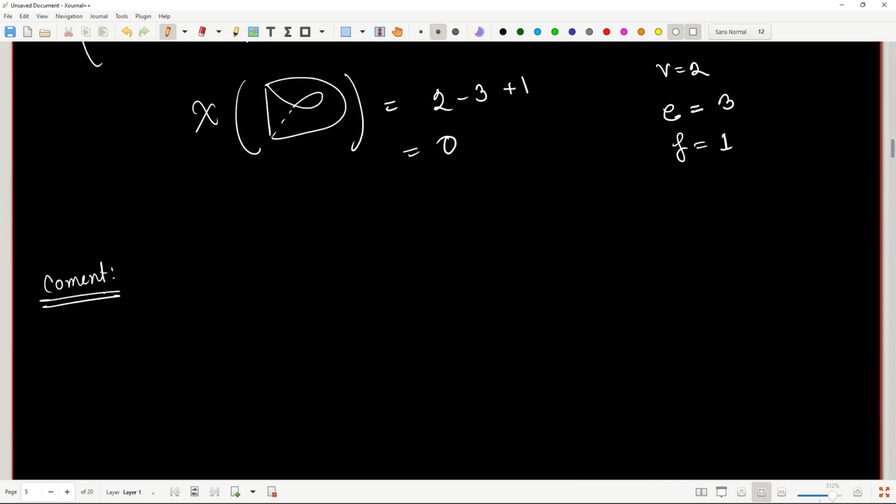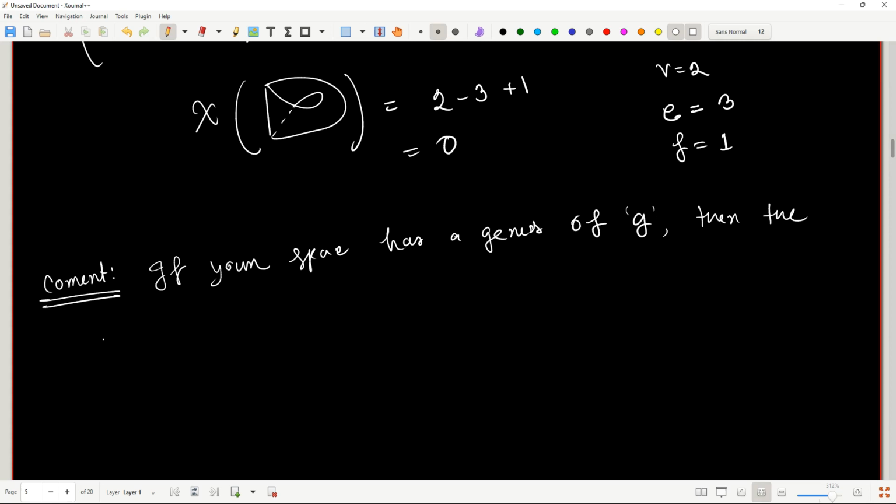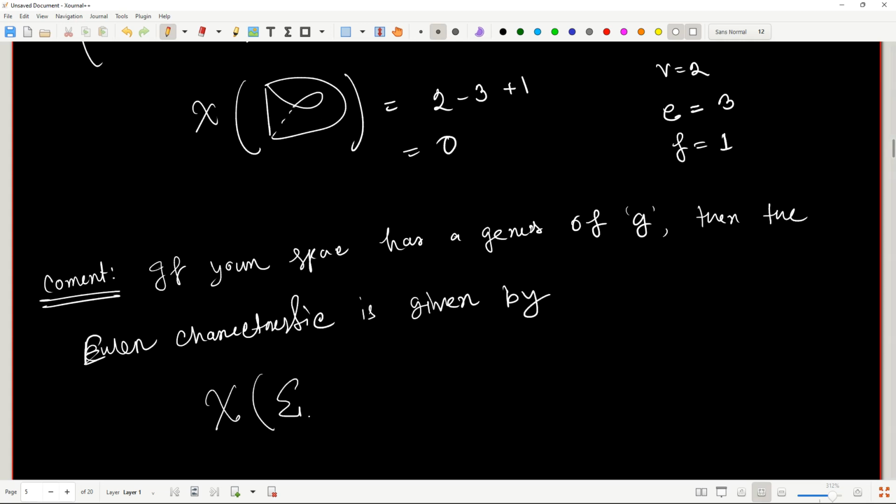One thing I would like to comment is that it can be shown in general that if your surface, that means your topological space, has a genus of G, then the Euler characteristic is given by 2 minus 2G.